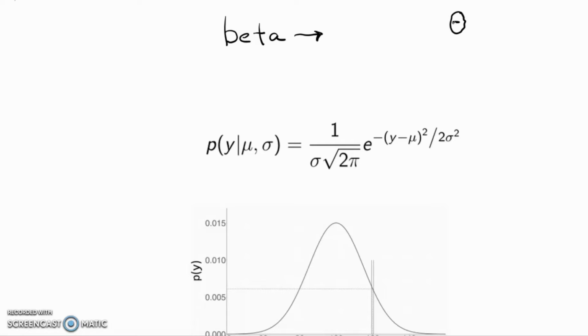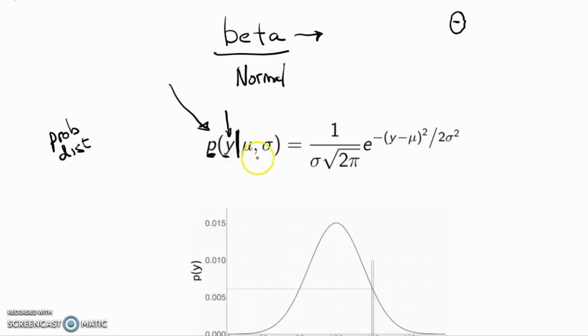Before digging into the details of the beta distribution, I want to do a warm-up thinking about the normal distribution. Here's the equation for the probability distribution of a normally distributed variable. P of y is the probability density of y given some specified parameters, mu, the mean, and sigma, the standard deviation.